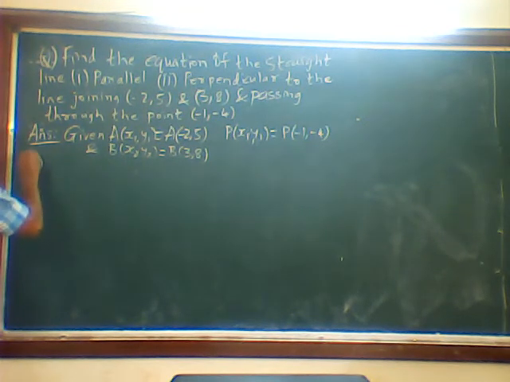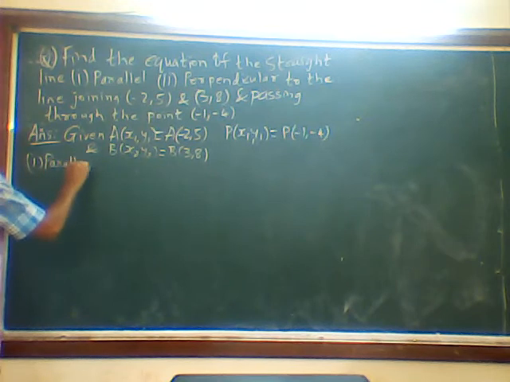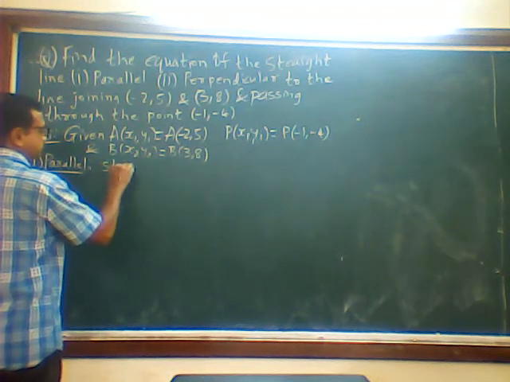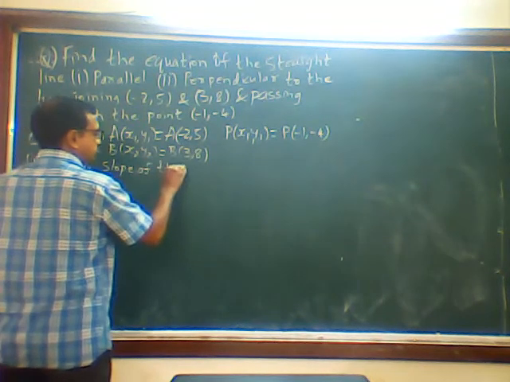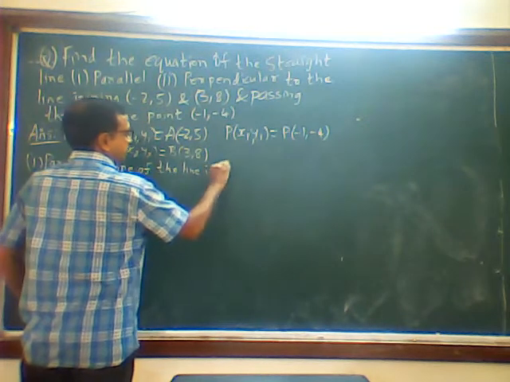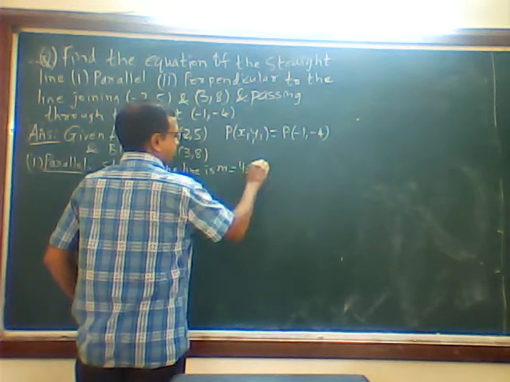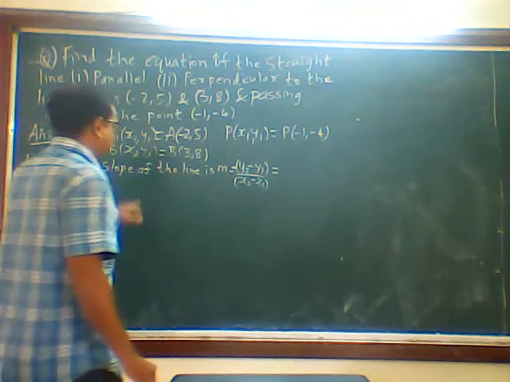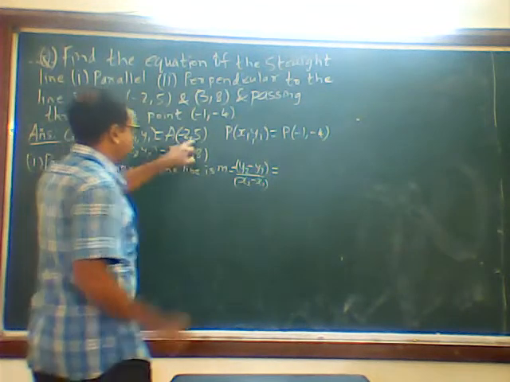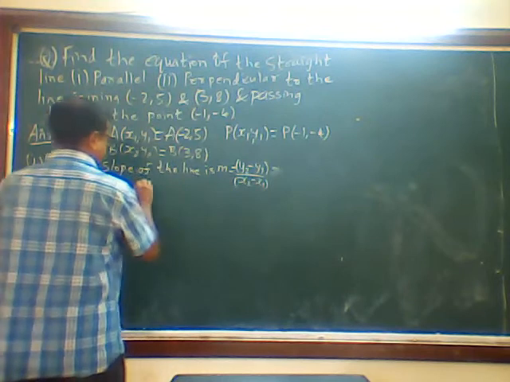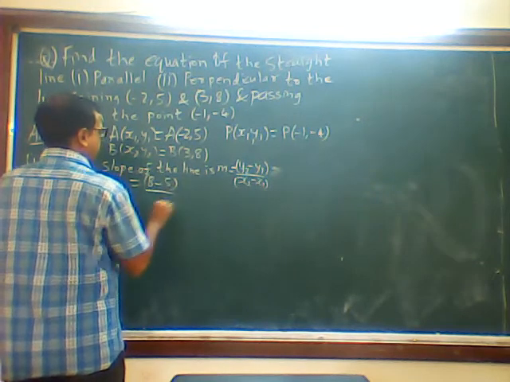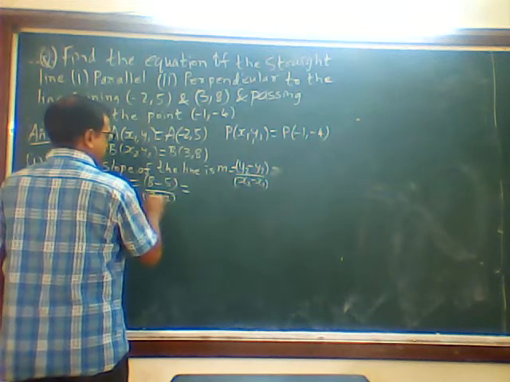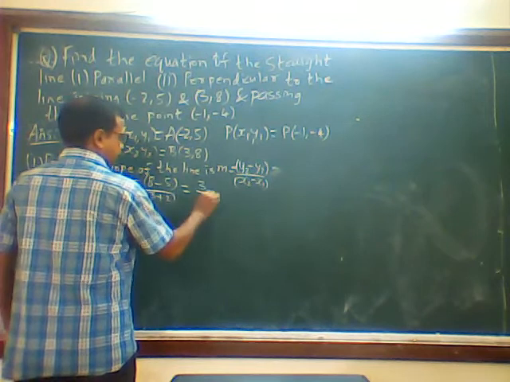Parallel. Then I will write the slope of the line. Slope m is equal to y2 minus y1 divided by x2 minus x1, which is 8 minus 5 divided by 3 minus of minus 2, that is 3 divided by 3 plus 2, which is 5.